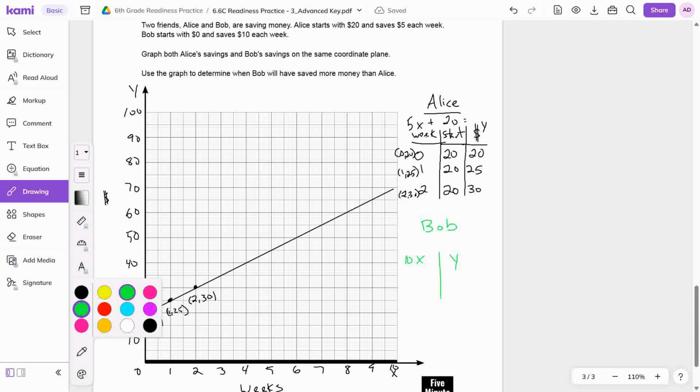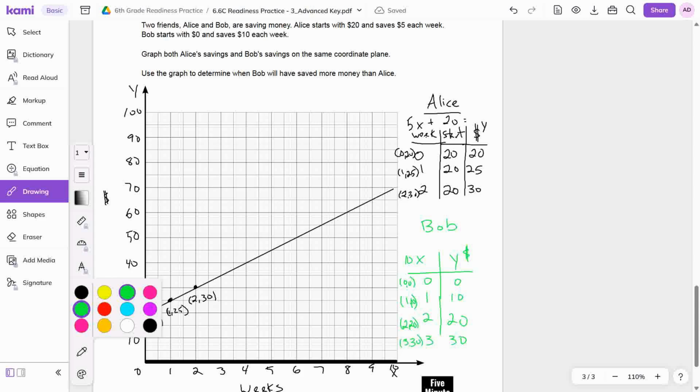It's going to get me my money. So at 0 weeks, he's got 0 money. So that's going to be 0, 0. At 1 week, he's going to have 10 bucks because he saves $10 a week. At 2 weeks, he saves 20 bucks, right? He saves $10 a week. So at 3 weeks, he's already at $30.